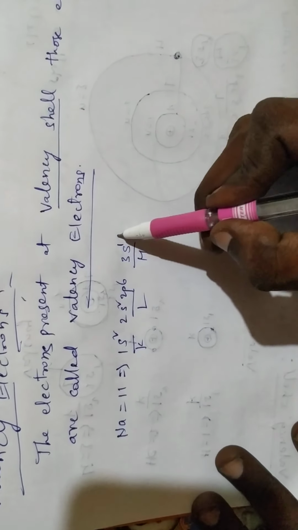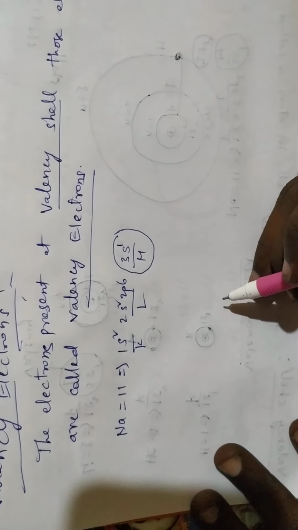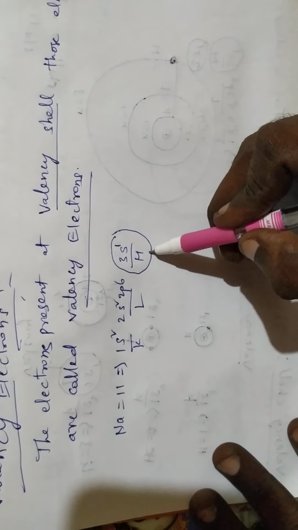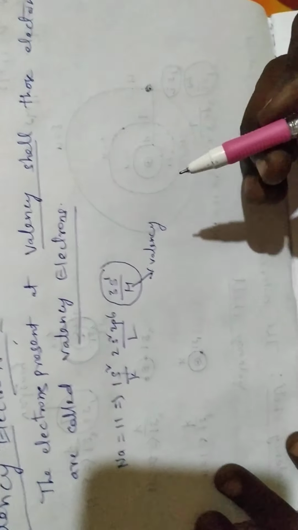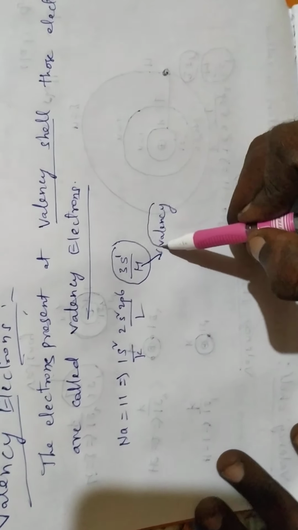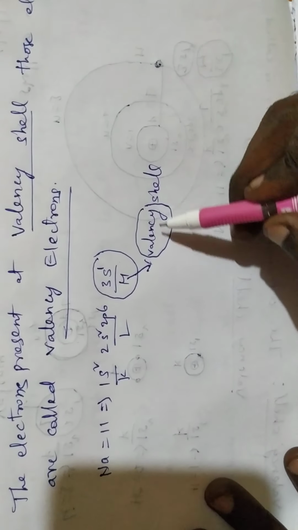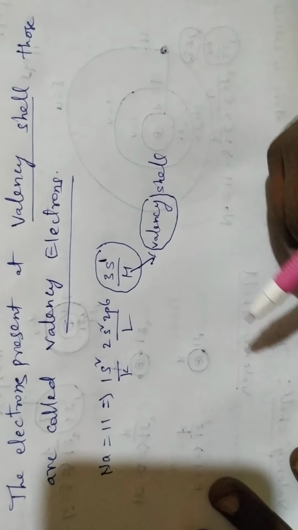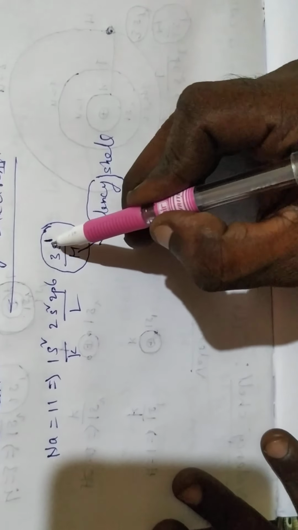Now for the sodium, M shell is valence shell. The electrons present in the valence shell, those electrons are called valence electrons.